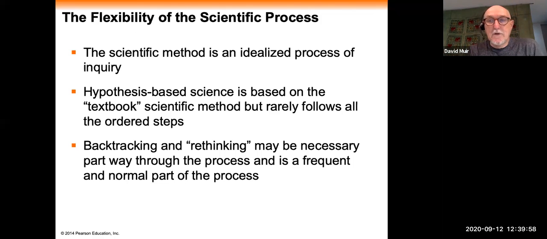So I will tell you that science is not always a rigid process. Sometimes the boundaries of deductive reasoning are loose, and sometimes the boundaries between observation and experiment are fairly loose. Scientists tend to jump forward, go back, jump forward, go back.